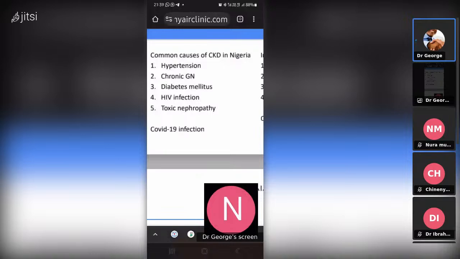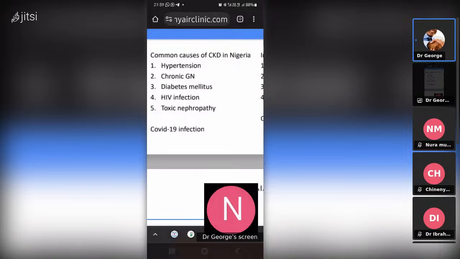For example, it can progress at the rate of 10 mL per minute per year. So that's quite fast. If the patient is at 90 and is going down at 10 mL, it means in the next 7 to 8 years, the patient is already at end stage renal disease. So it progresses very fast.